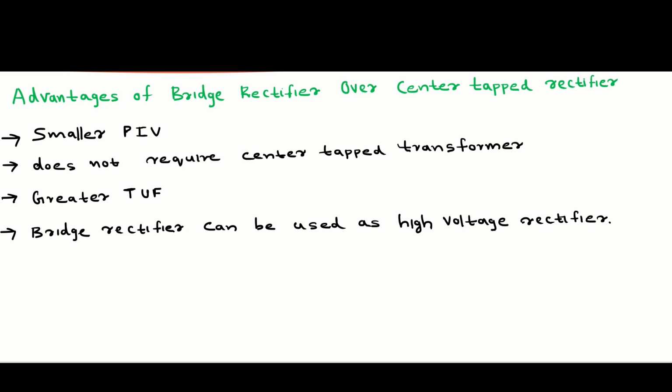When we are using the bridge rectifier as a high voltage rectifier, the diode should have a higher breakdown voltage because we are applying a higher voltage to the diode. So to withstand it, the diode should have higher breakdown voltage capability.